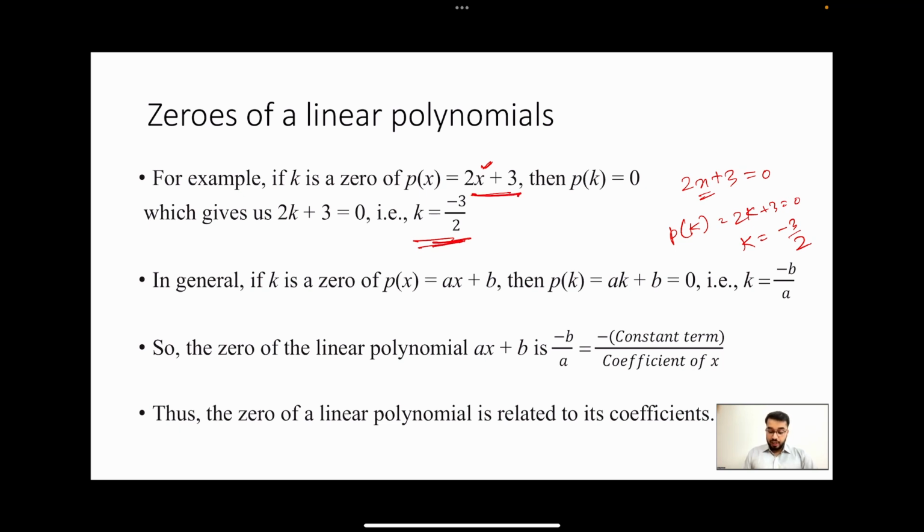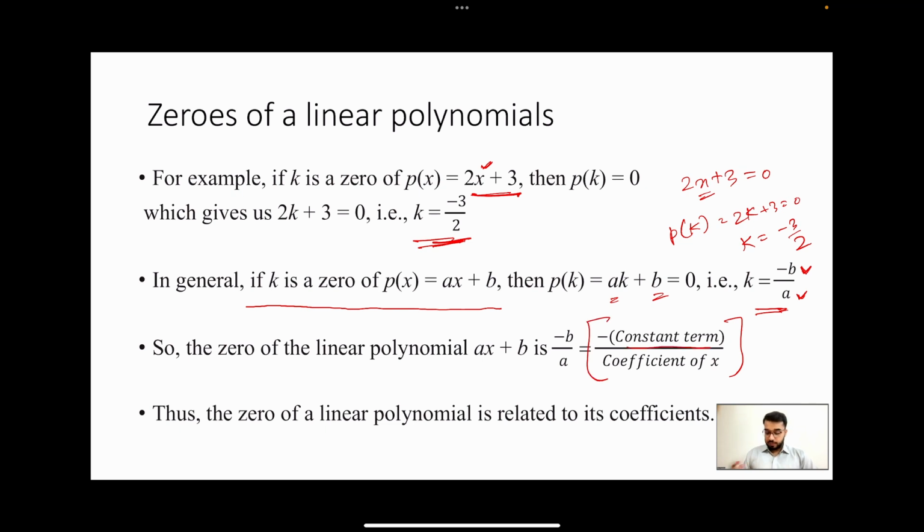So in general terms, if k is a zero of a linear polynomial ax + b, then the value of k would be −b/a. Now, b is the constant term in the polynomial and a is the coefficient of x. So in general notation, the zero of a linear polynomial is minus the constant term upon the coefficient of x.